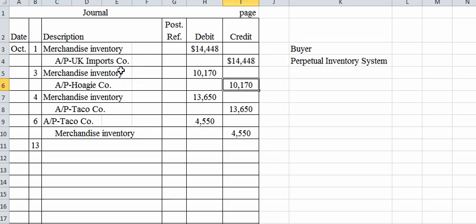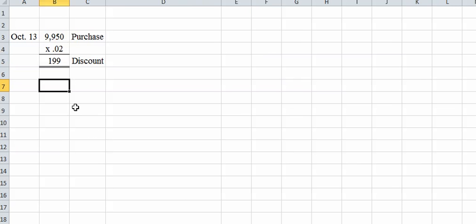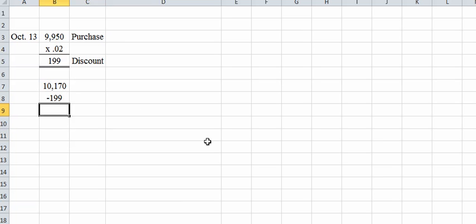But we still need to figure out how much cash we're going to have to pay out. So let's go back over here. We're showing that we owe them $10,170, purchase price plus transportation. We're going to deduct the discount from that amount to get the amount of cash we'll have to pay out. So $10,170 minus the $199. Okay, so I'll punch it in like this.